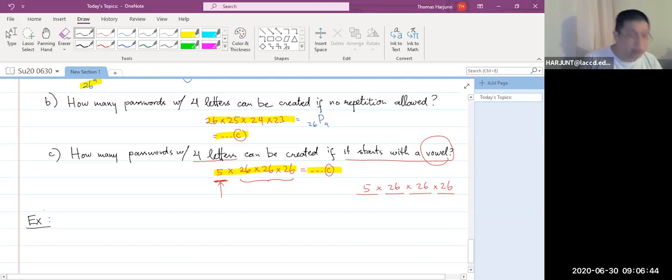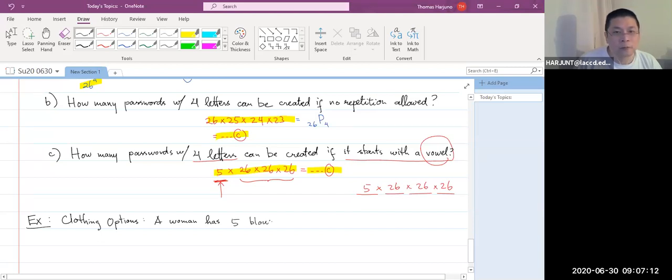Let's use this one, the easy one first, clothing option. I get this question from our textbook, the 4th edition, while the one we have is the 5th edition. A woman has 5 blouses and 3 skirts.